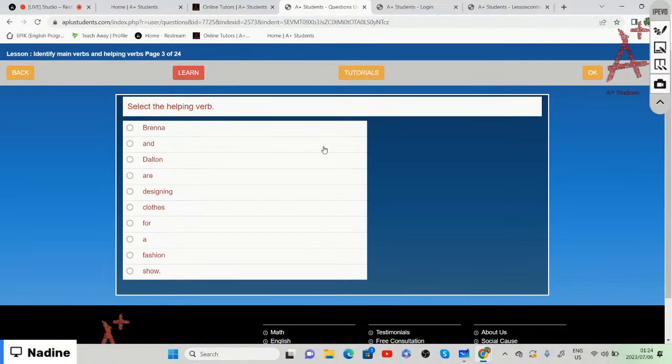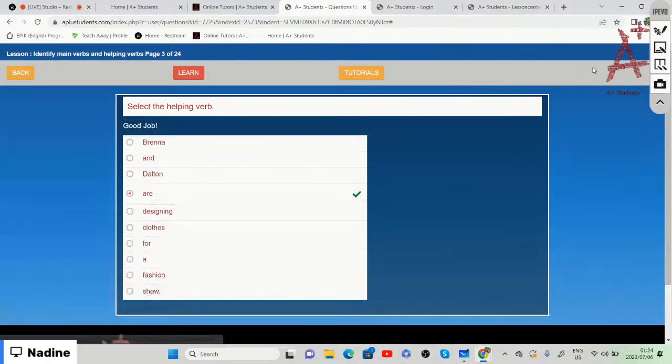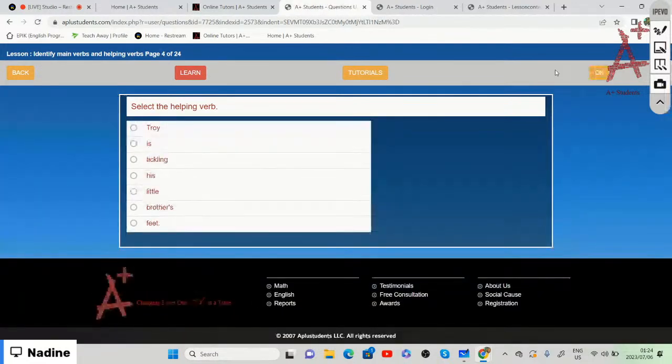So, what are Brenner and Dalton doing? If we were to identify the main verb, right, then we will say the main verb is designing, right? So then the helping verb is are. Beautiful. If you have that, then well done.